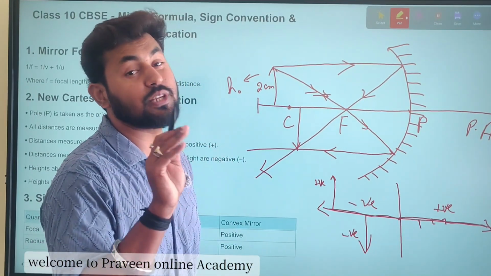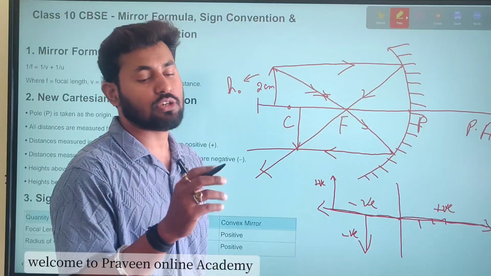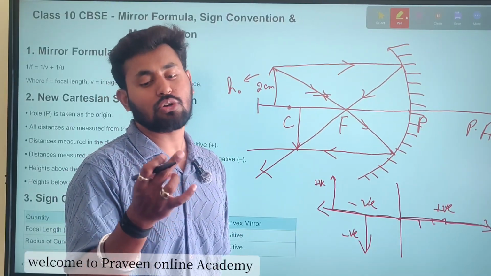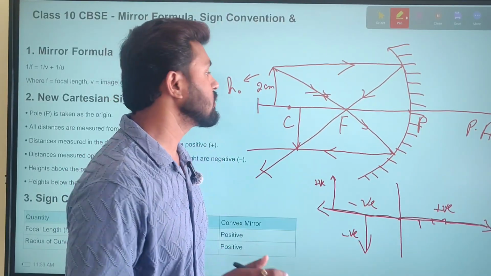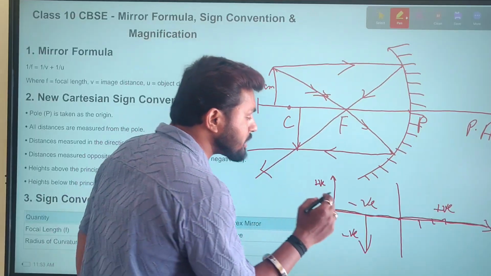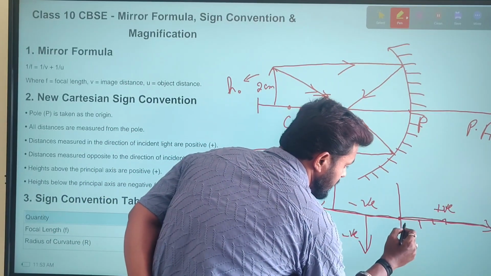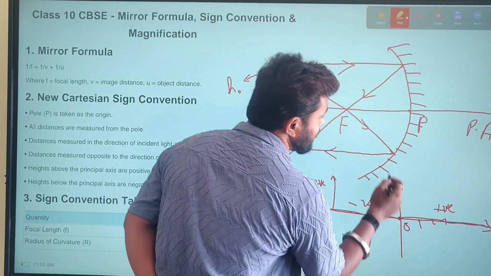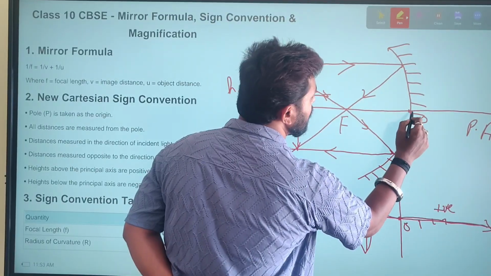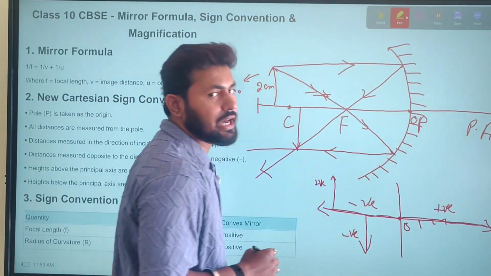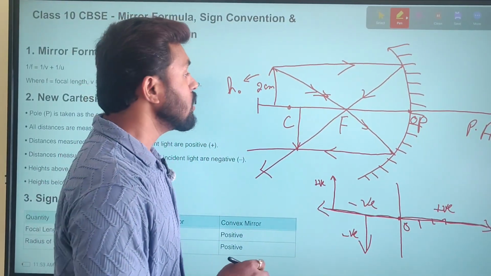Now how do we need to take the sign convention of the object, the sign convention of the image, and the focal length? If you see, this is the origin. Where is the origin over here? My pole is the origin. Please remember, guys, my pole is the origin.